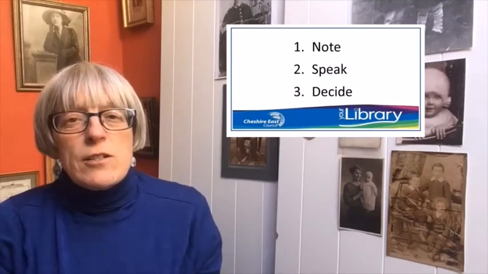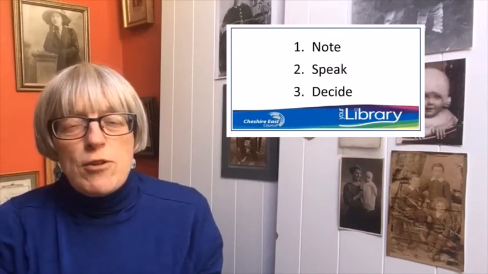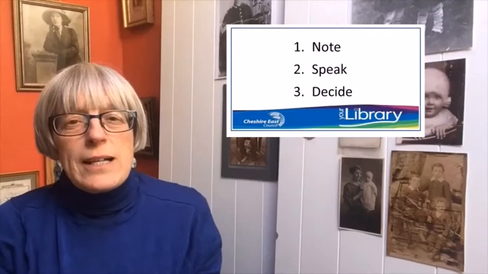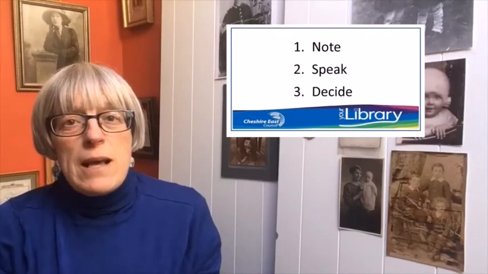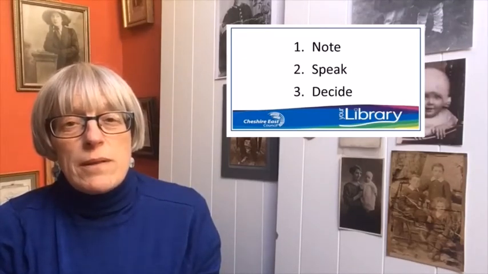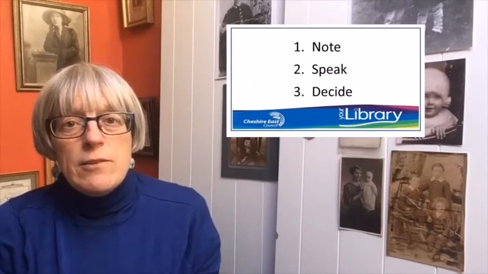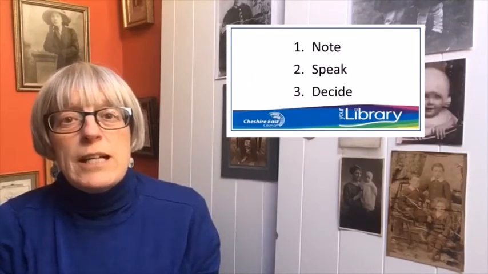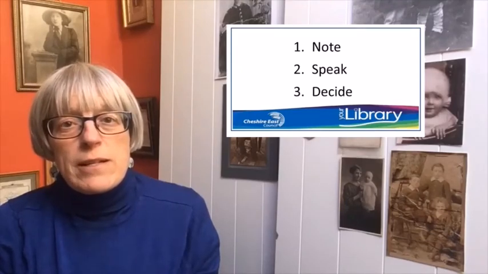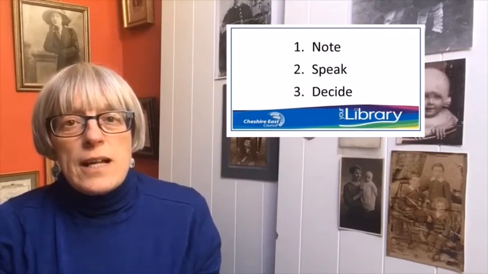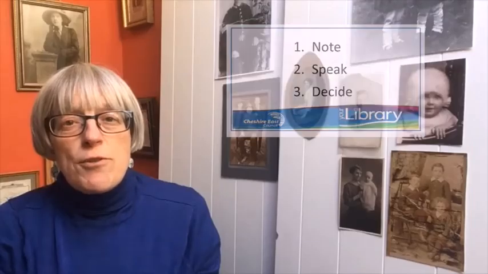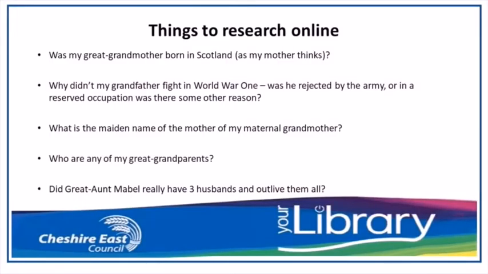So I would suggest you choose maybe 3 or 4 different things that you would like to find out to give you really a better chance that at least one of them is going to be easy to find. You can always go back to any that you've initially failed with later on when you've got a bit more experience. So at this stage, I would suggest you write down your 3 or 4 research aims so that you can concentrate on these when you go online.